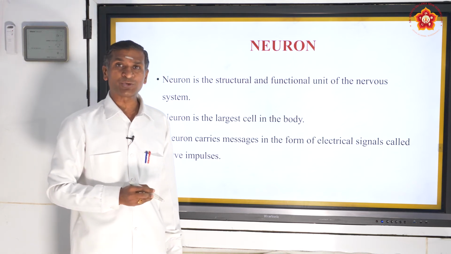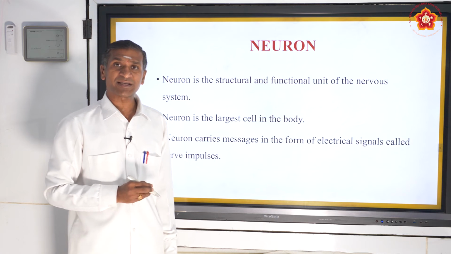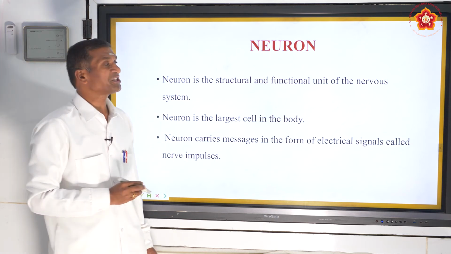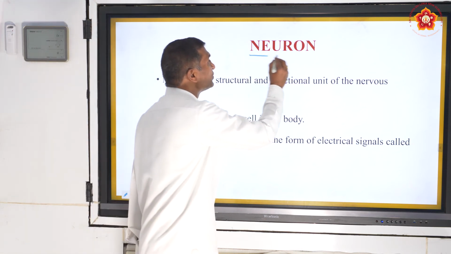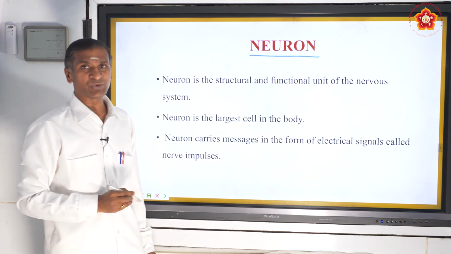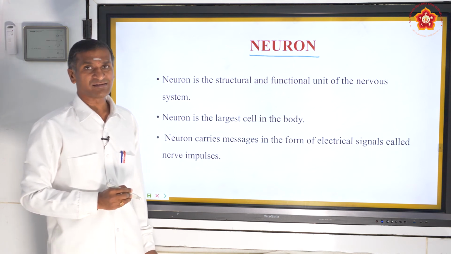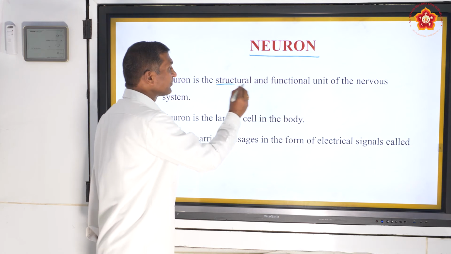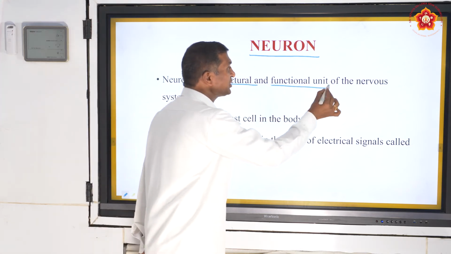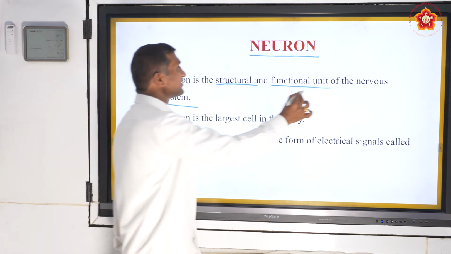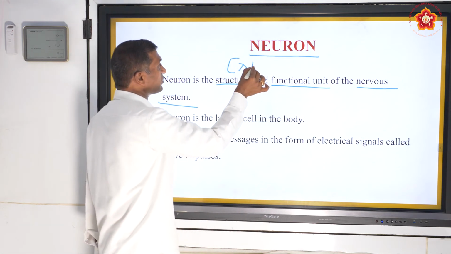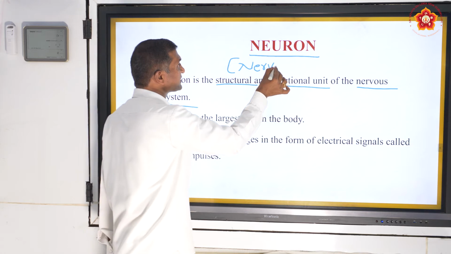As we came to know that the nervous system is a network of nerves, and the nerve biologically is also called a neuron. So what is a neuron? It is a nerve cell. Neuron is the structural and functional unit of the nervous system. Generally we call it a nerve cell.